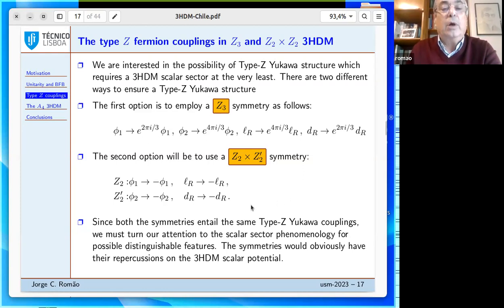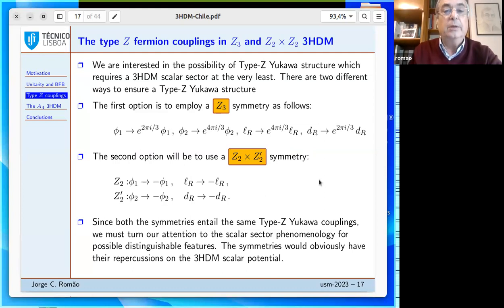If you look at Yukawa terms, both of these symmetries will give rise to the same type Z Yukawa couplings, so that these two models, Z3 and Z2 cross Z2 prime, will not be distinguished by the Yukawa sectors. But of course, as I've told you before, they have different structure in the Higgs potential. And we will try to see if it is possible to distinguish them just by looking at something which is related to the Higgs potential.